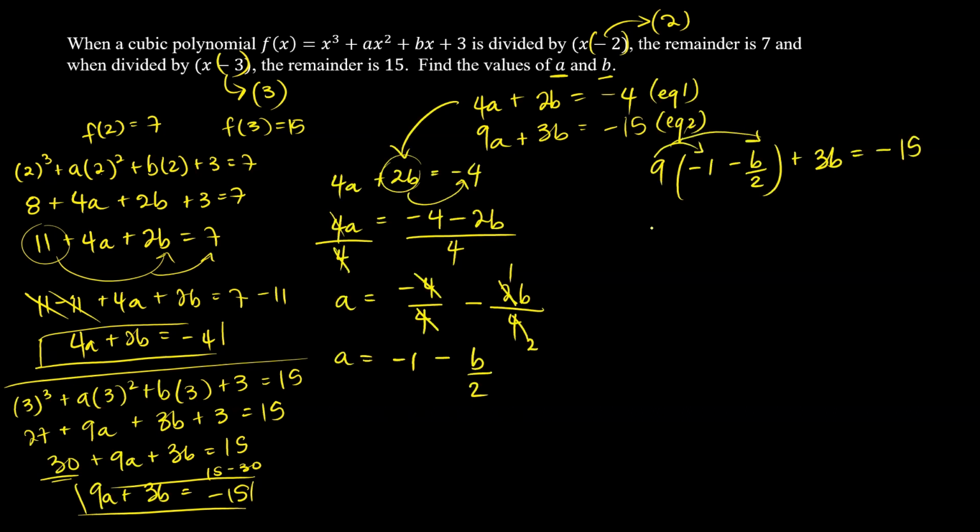So 9 times negative 1 is negative 9. 9 times negative b over 2 is minus 9b over 2. And if I add that to 3b, that's equal to negative 15.